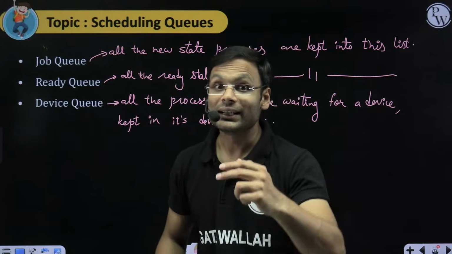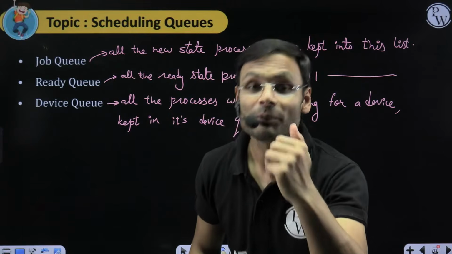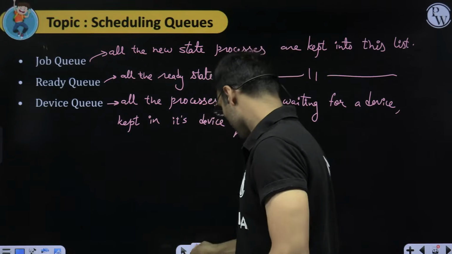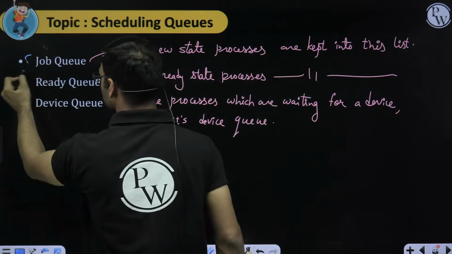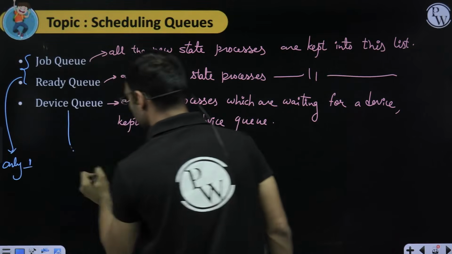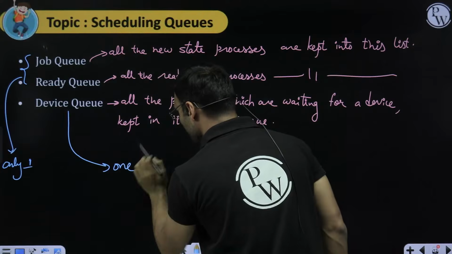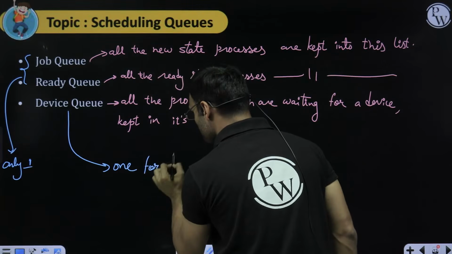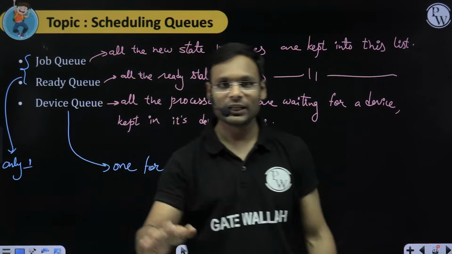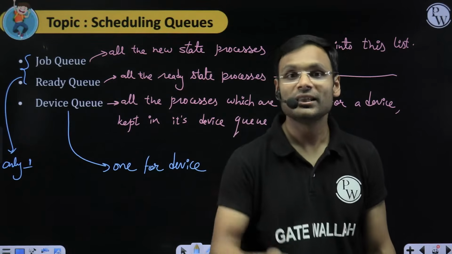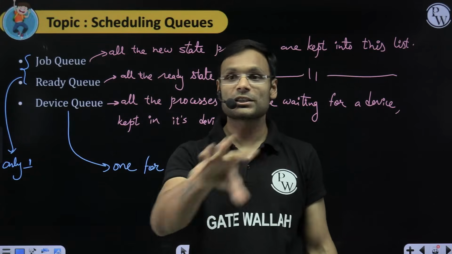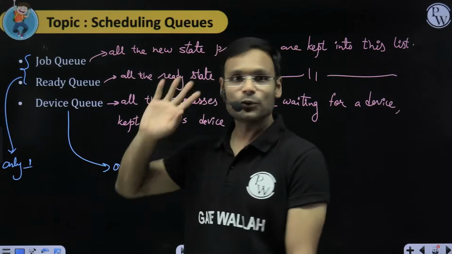But the operating system maintains multiple device queues, one for each device. Which means there will be a queue of the printer separately, a queue of the camera separately, a queue of the hard disk separately. For every IO device, a separate device queue is maintained.